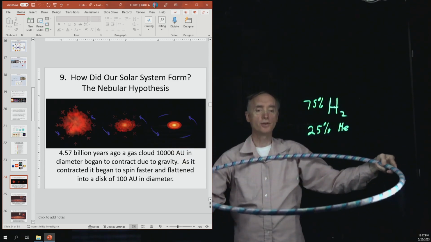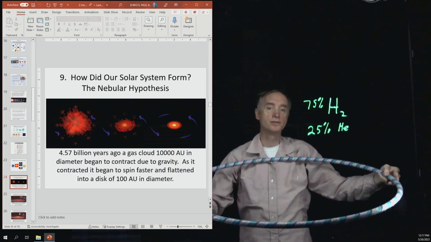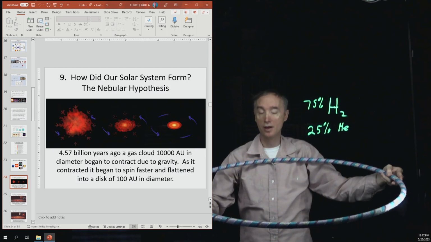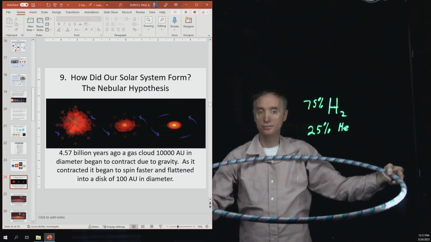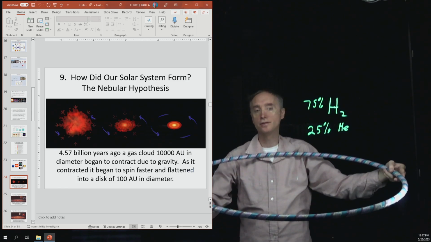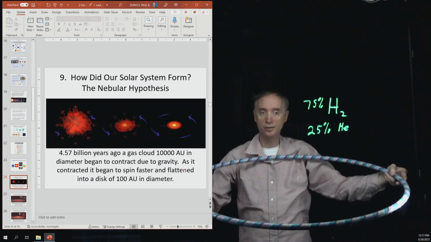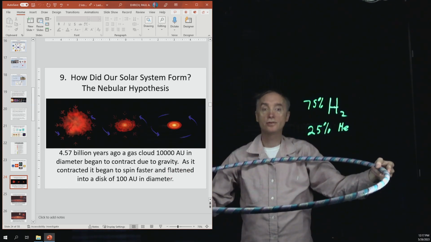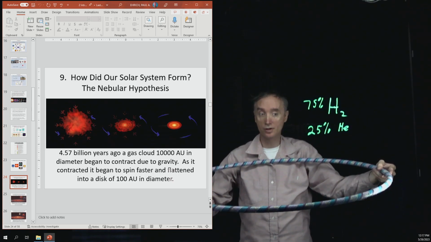So you have all different kinds of orbits for the gases and the dust initially, but then they start to collide. So as the gas and the dust and the ice begin to collide with each other, they start to change the direction in which they're going.